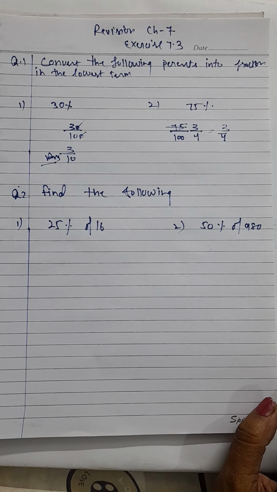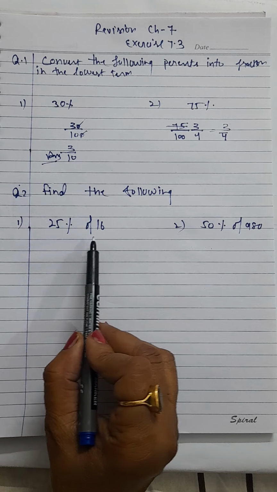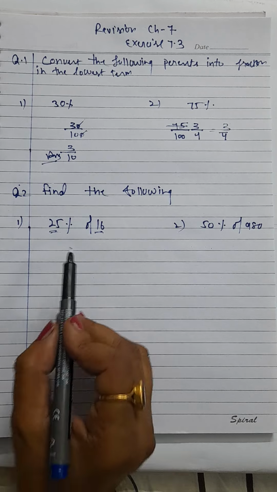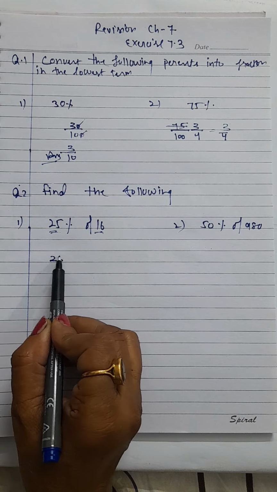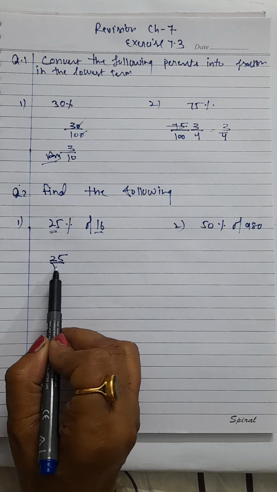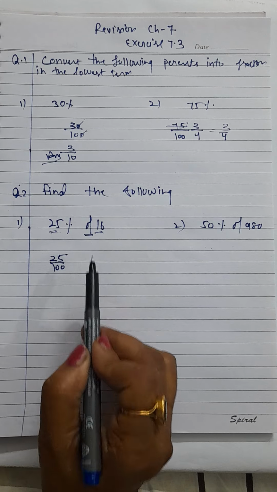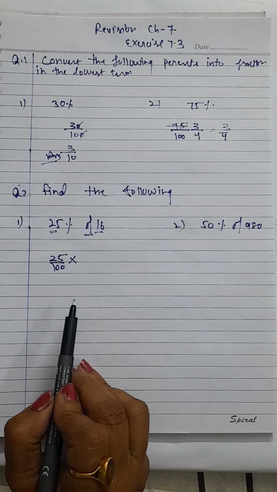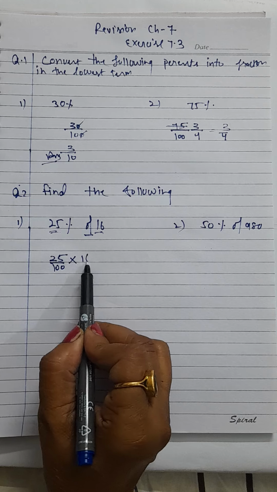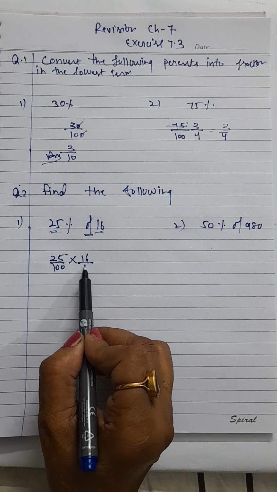Now we will do another question. Here we have to find 25% of 16. As I told you, firstly we remove the sign and write 25 by 100. Wherever 'of' is written, you have to use the sign of multiplication. So 25 by 100 multiplied by 16. 16 is a whole number, so you can write the denominator as 1.